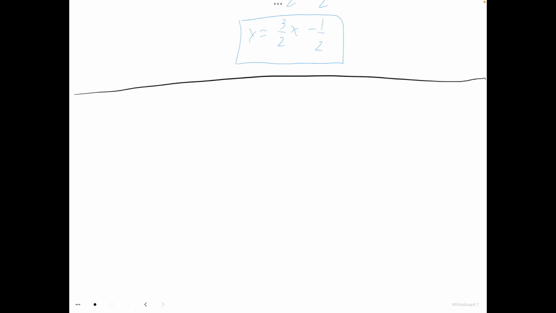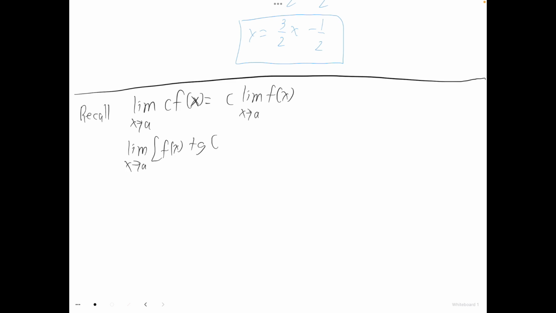And so recall that we have the following limit properties. The limit as x goes to a of c times f of x equals c times the limit as x goes to a of f of x. The limit as x goes to a of f of x plus g of x equals the limit as x goes to a of f of x plus the limit as x goes to a of g of x.